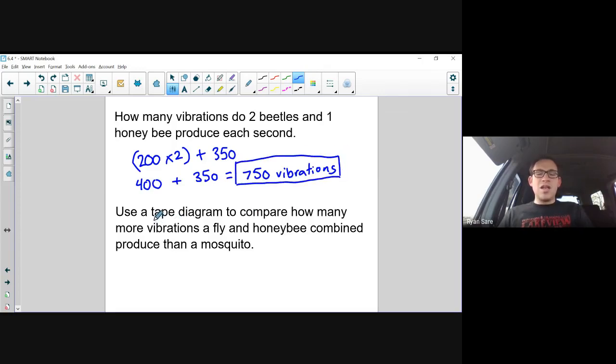Okay, the second question. Use a tape diagram to compare how many more vibrations a fly and a honeybee combined produce than a mosquito. So first, I'm going to figure out how much a fly has. This is going to be a fly. I'm going to combine that with a honeybee.